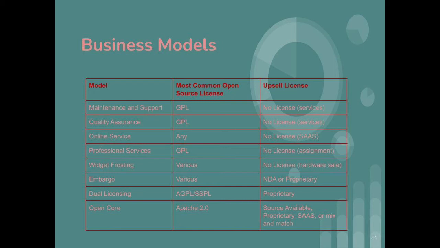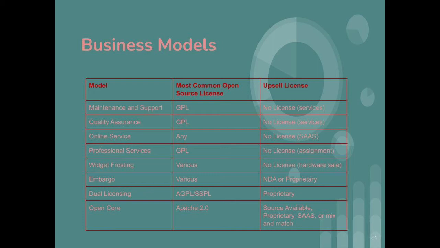The next two models I'm going to talk about in a moment. They are dual licensing, where there are actually two different kinds of licenses available, and open core, which is a variation on dual licensing. So actually, the most common business model that we're seeing today in the commercial open source software world is open core.